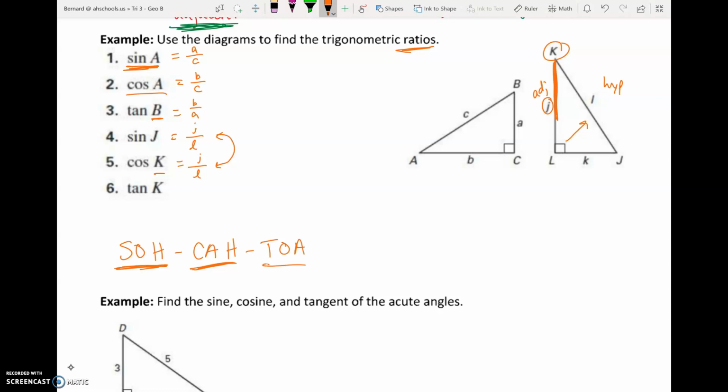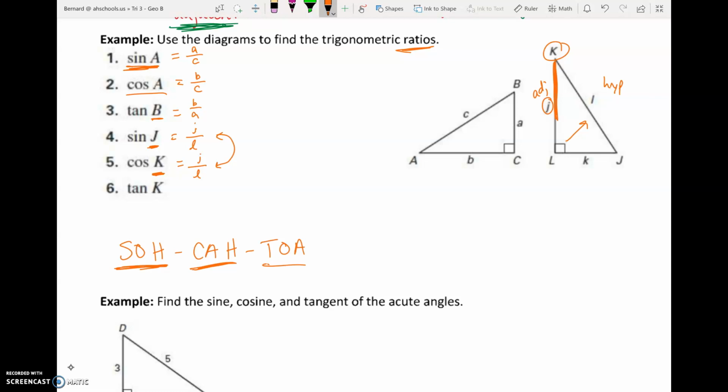I'm not going to try to spoil the surprise for you, but I want you to investigate it a little bit. What I want you to see is, if we label opposite, adjacent, and hypotenuse from one angle, angle J for instance, and then we move to angle K and do the same thing, but based off of a different angle, the hypotenuse always stays in the same spot, but opposite and adjacent change depending on which angle you're talking about.